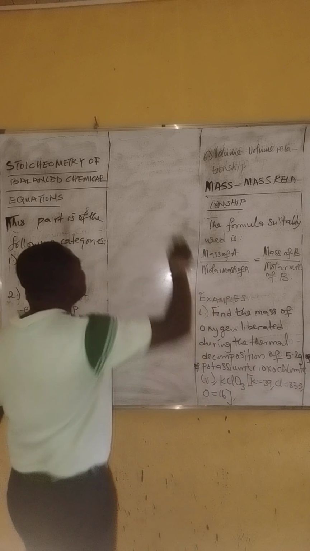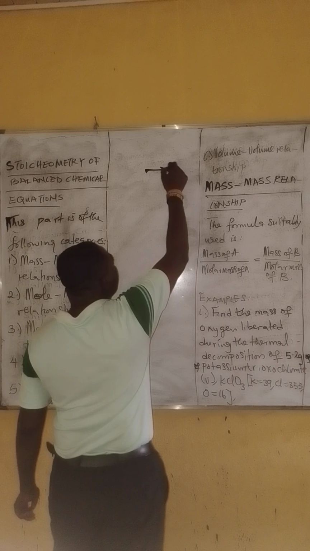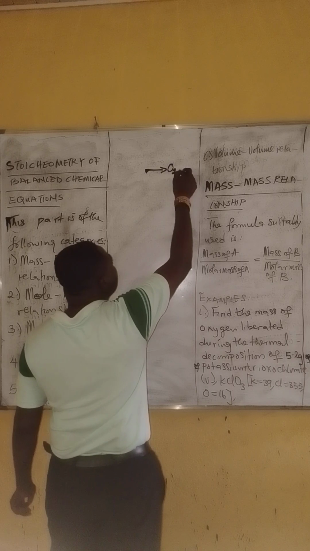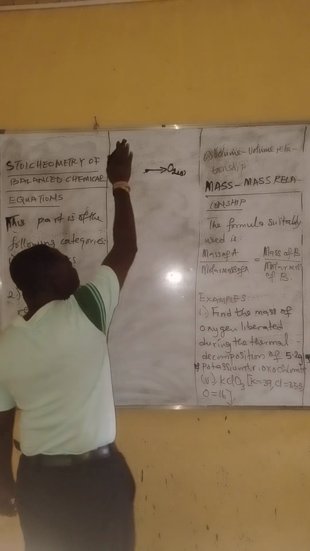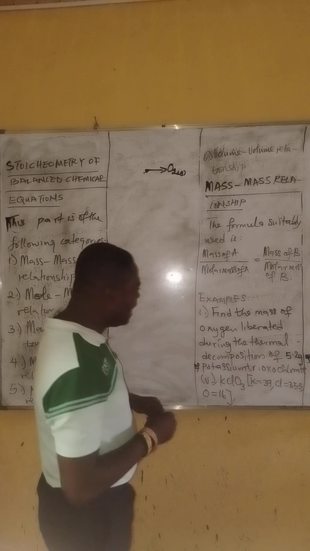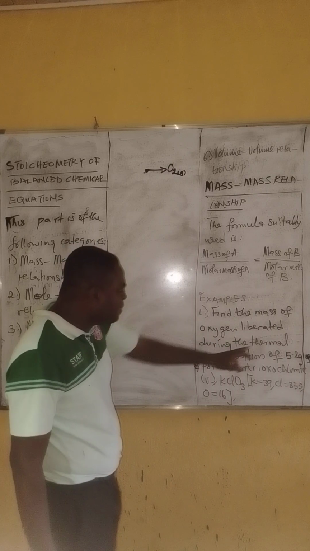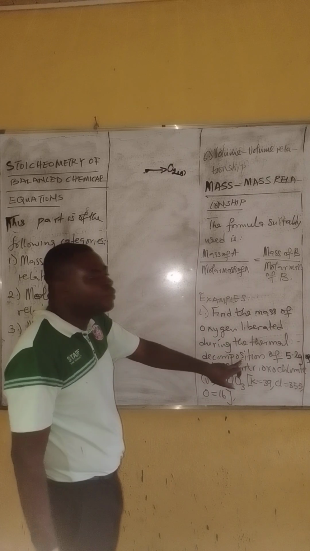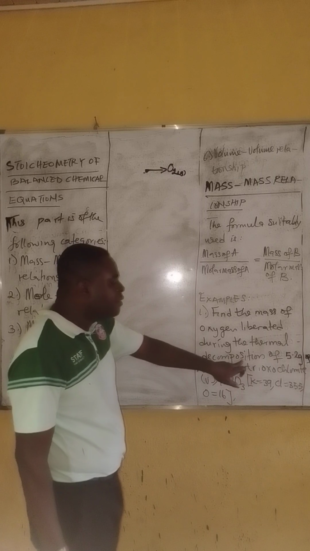How do I get the equation? Oxygen is liberated. If we say liberated, it means it will be after the arrow. Oxygen is a gas. Thermal decomposition means the use of heat to break down something.